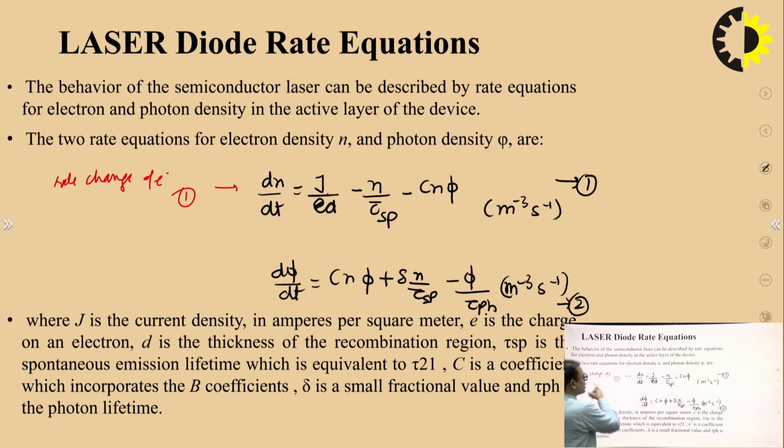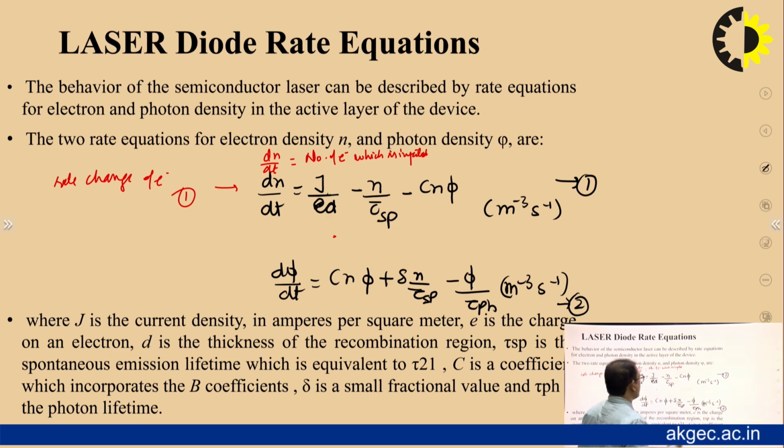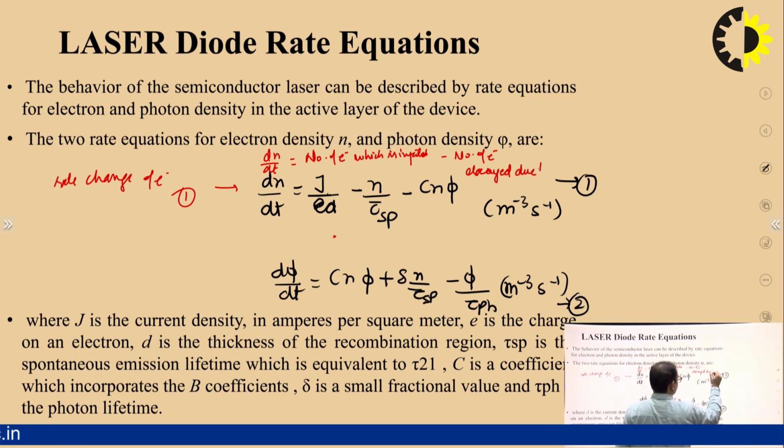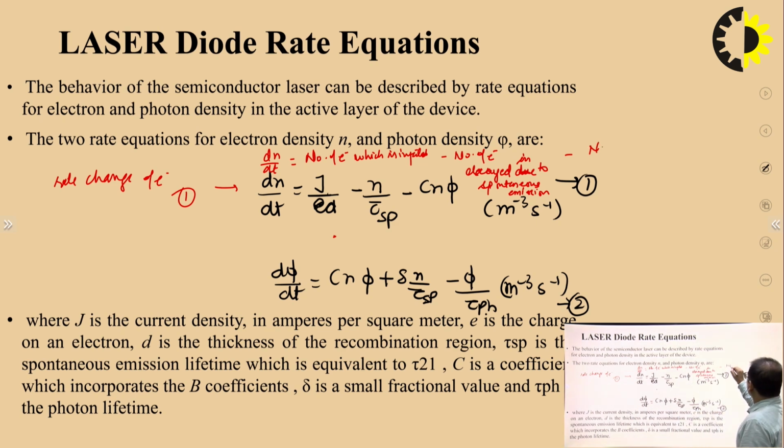The first equation, the rate of change of electrons with respect to time, dN by dt, is equal to the number of electrons injected, minus the number of electrons decayed due to spontaneous emission, minus the number of electrons decayed in stimulated emission.